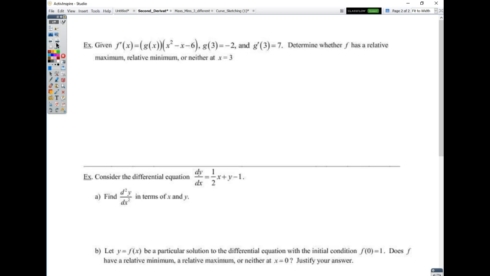Because they gave me a single data point, there is absolutely no way for me to tell you whether this function changes from increasing to decreasing, positive to negative. I have no clue what g of x is going to do in this problem, except when I'm looking at g of 3, which is definitely negative 2, and at 3, the derivative is definitely equal to 7. That's what they've given me. So now what?